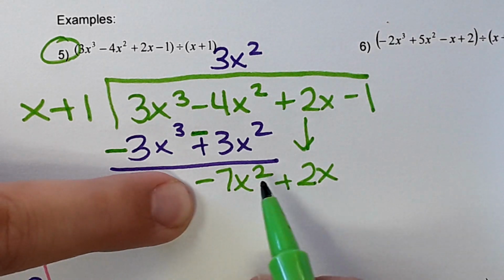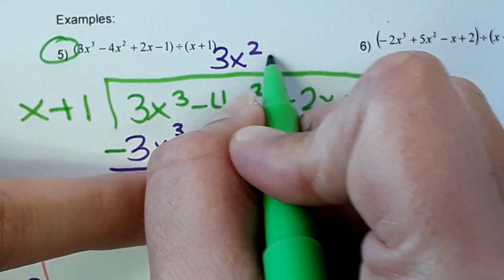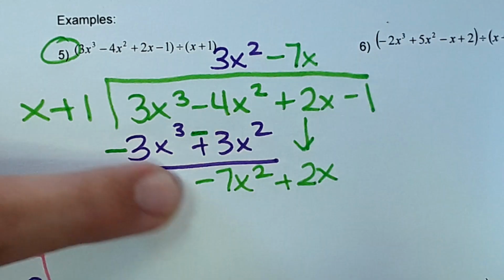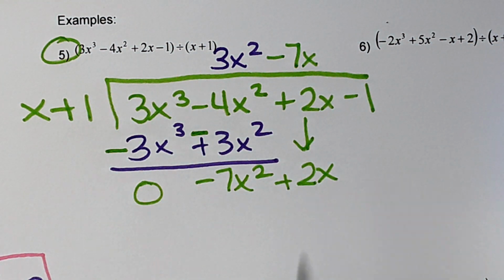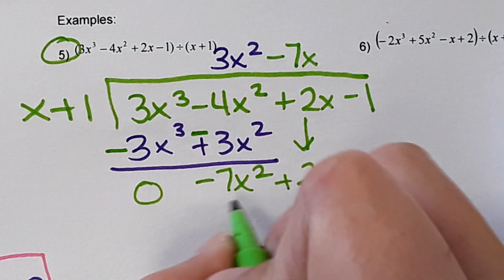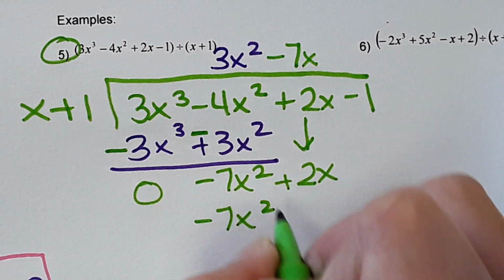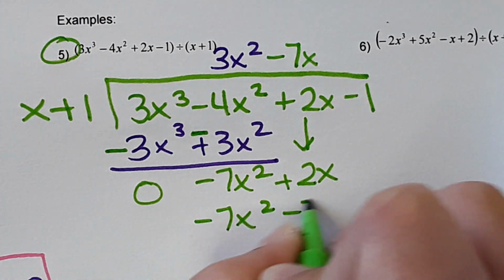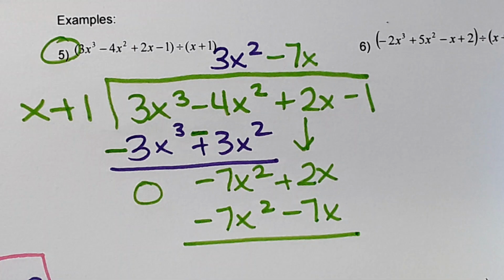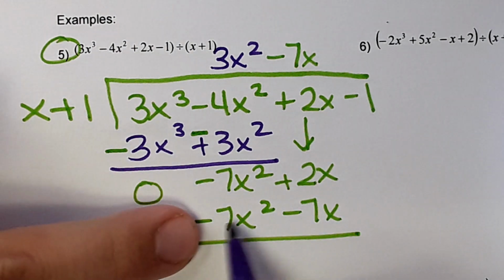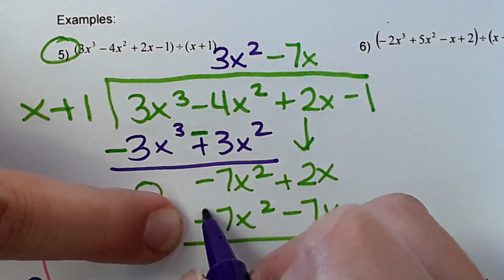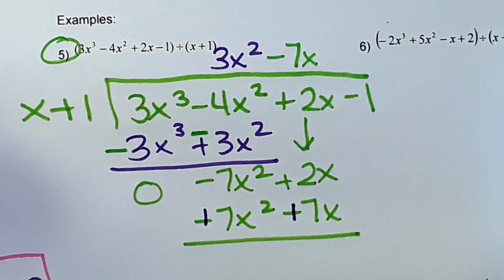It's going to be negative 7x. And then multiply it out. We're subtracting this, we need to change everything to opposite signs.